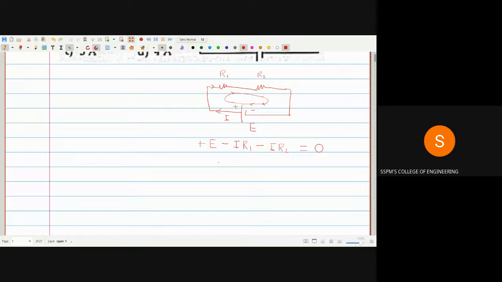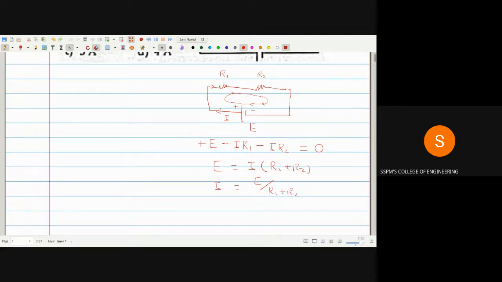Isn't it? So we got the equation for E. E is equal to I, I is common, R1 plus R2. Isn't it? And we can find the current also if R1, R2 and E are known. And the equation is E divided by R1 plus R2.